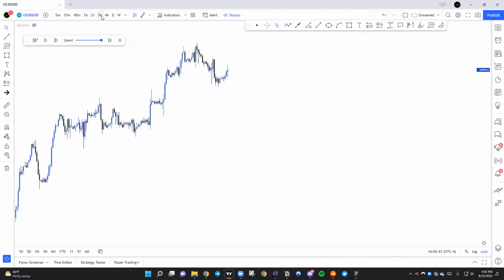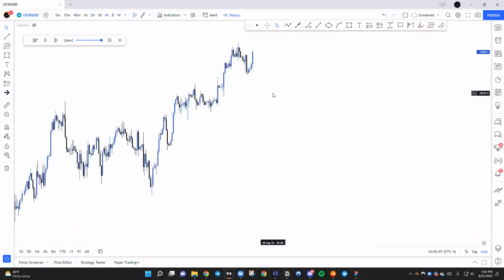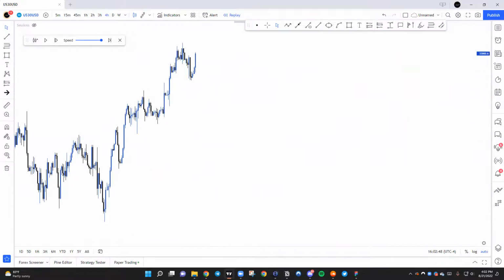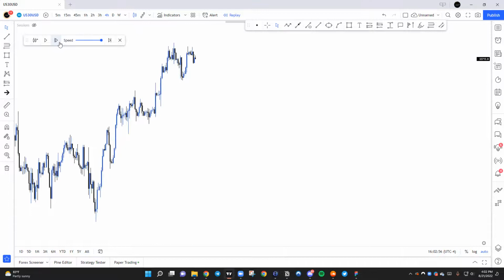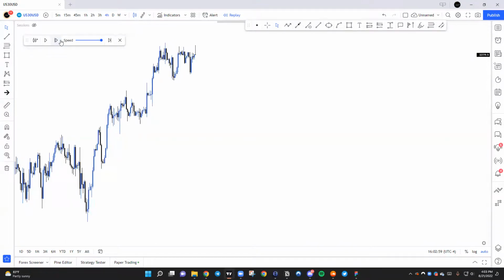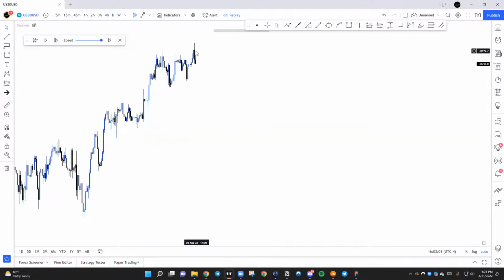He said go to the 4-hour. Slightly breaks its high. So after it makes its new high.